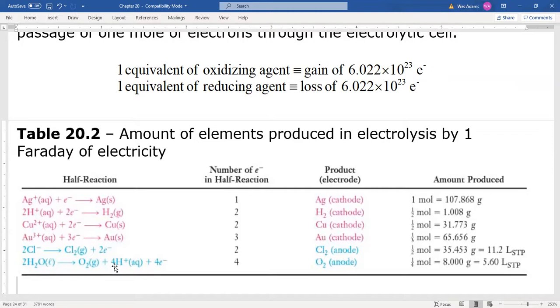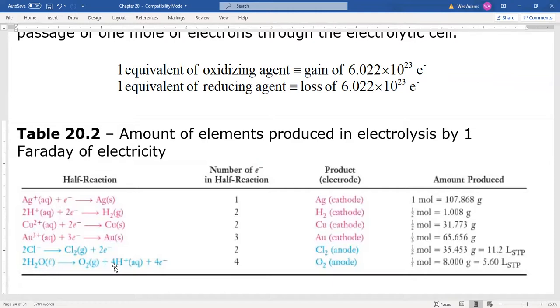or 65.656 grams. Chlorine is a 2 equivalent reduction, or oxidation if you prefer. The blue ones are oxidations. And you can see you produce half a mole of chlorine, or 35.453, or 11.2 liters if you're at STP, since it's a gas.